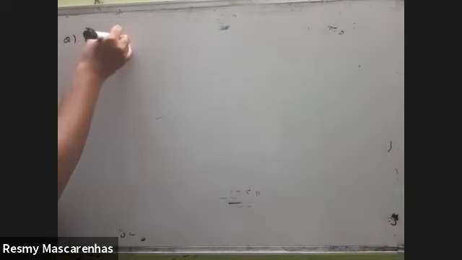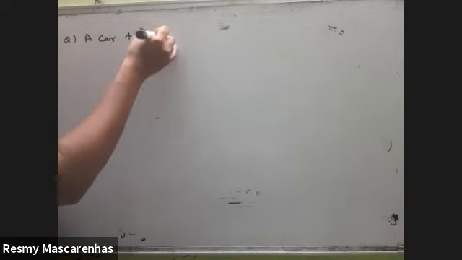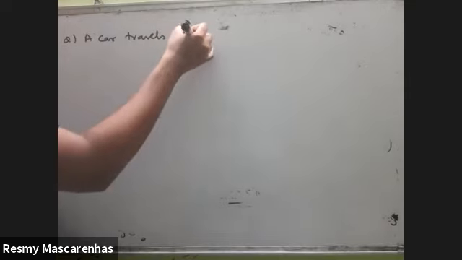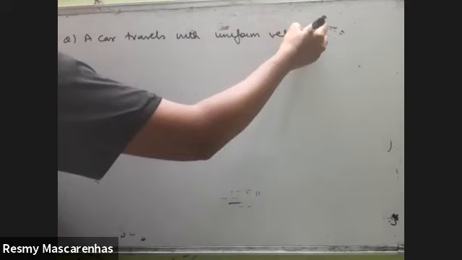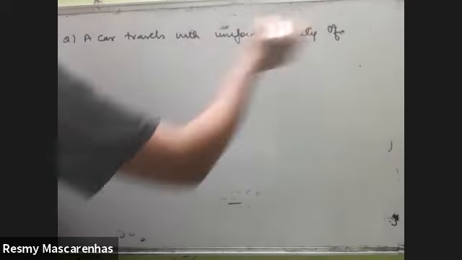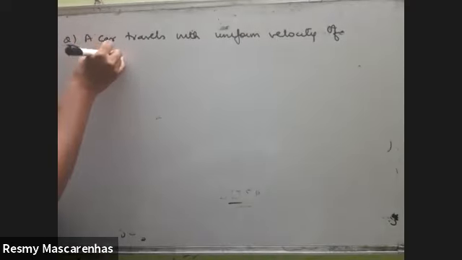A car travels with uniform velocity 72 kilometers per hour.